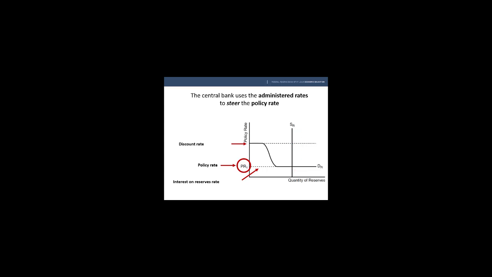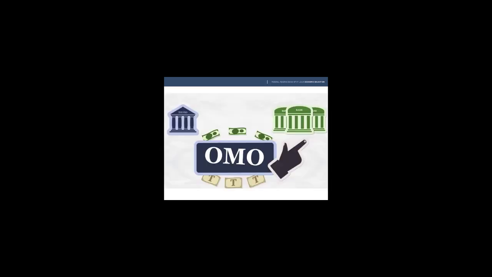The central bank uses open market operations to ensure that the level of reserves remains large enough to be ample. Why? There are some factors in the economy that will cause the supply of reserves to naturally shrink over time. So the central bank will conduct open market operations to purchase securities and add reserves.